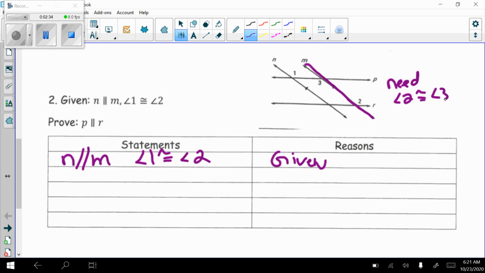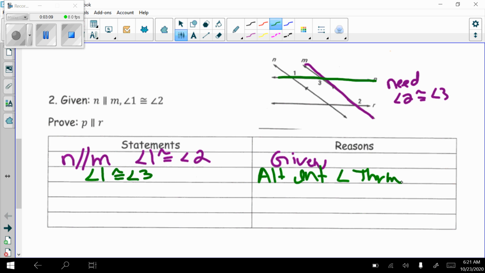So to start out, they tell me that angle 1 is congruent to angle 2. If I am looking at these two lines, M and N being parallel, then this is the transversal that I know for a fact. So on that transversal, I know 1 and 3 have to also be congruent. So I can say that angle 1 is congruent to angle 3 by the alternate interior angle theorem.